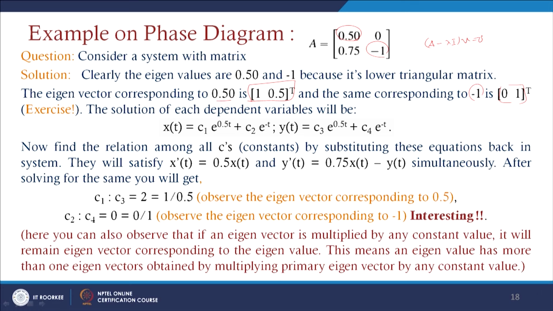And the solution of each of these dependent variables, you can just write it as x of t equals C1 e to the power 0.5 t plus C2 e to the power minus t, since the first eigenvalue is 0.5 and the second eigenvalue is minus 1.